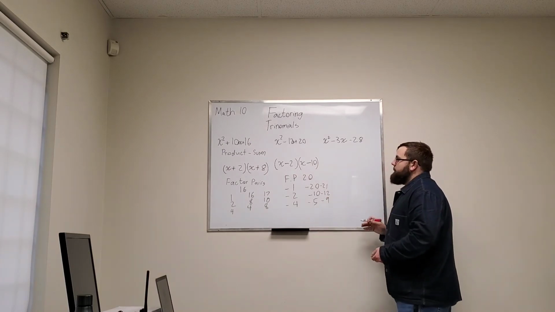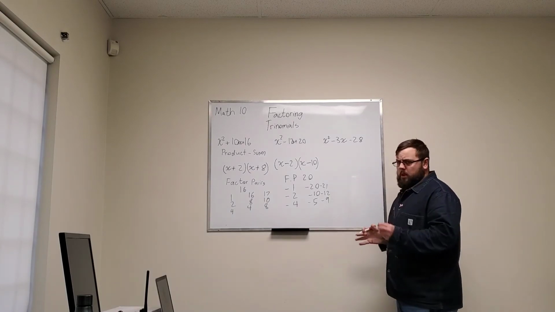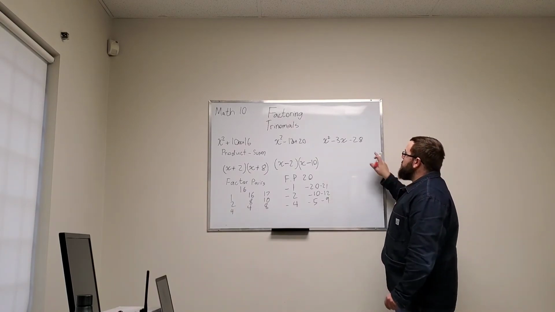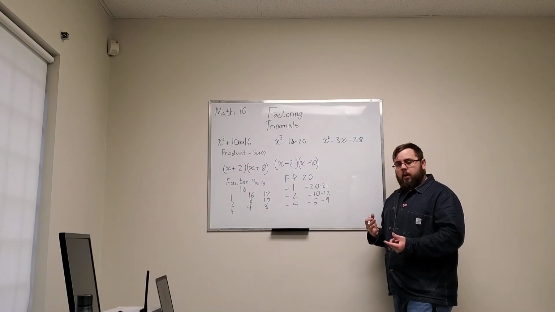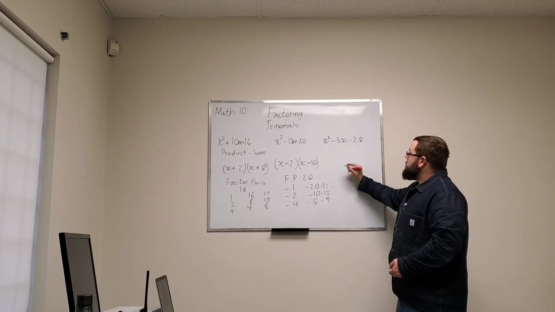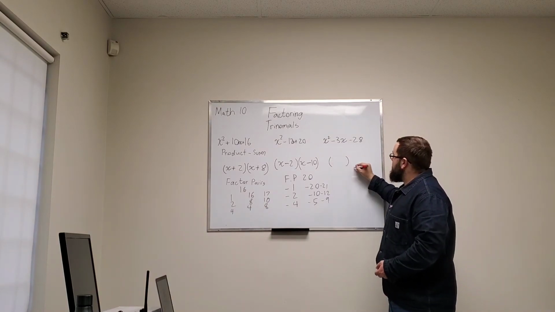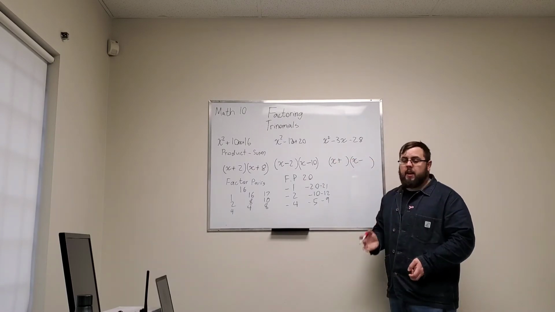Okay, last example. This time we have two negatives here. This is probably one of the trickier ones. So again, we're going to look at the product here. How does one get a negative product? Well, they have to multiply by a positive and by a negative. So put our brackets down, put our x in, and we know that one of them has to be positive and one of them has to be negative.